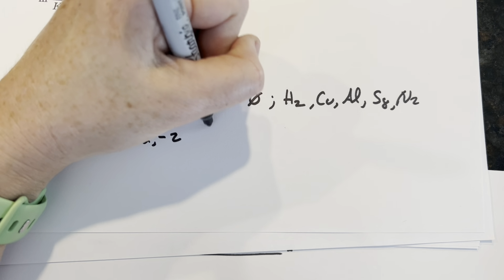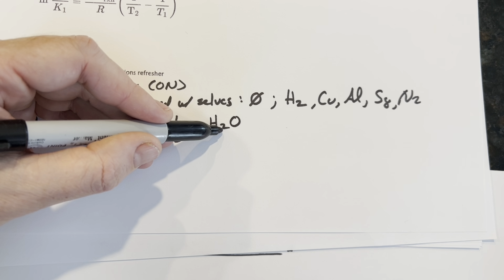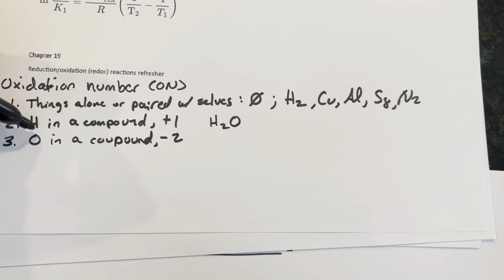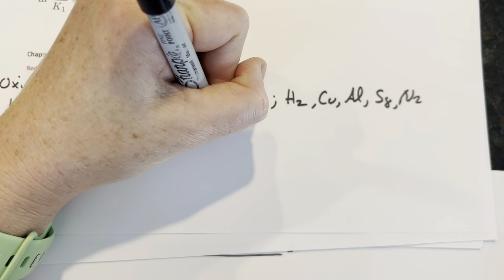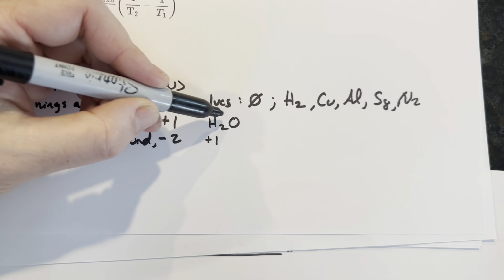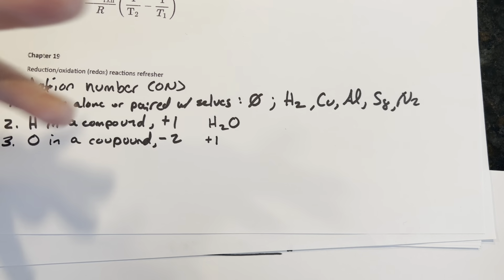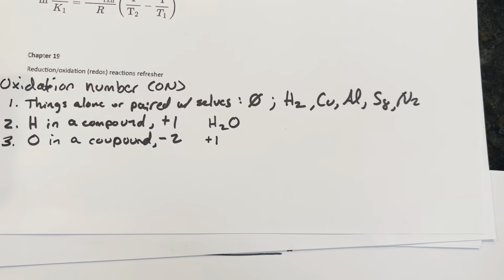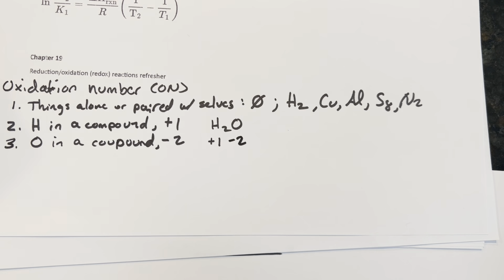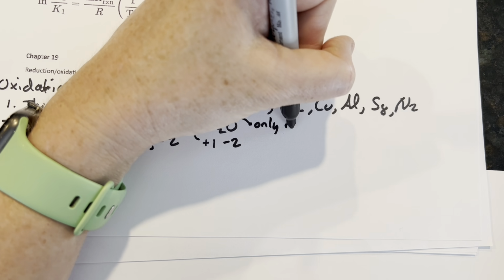An example would be water, H2O. Even though there are 2 hydrogens here, we only write the oxidation number of a single one of them, so here we'd put +1. If I asked you for the oxidation number of hydrogen, you're not talking about this hydrogen or that hydrogen. You're telling me the overall oxidation number of the hydrogens in there is just +1, and then -2 for oxygen. Only report for 1.